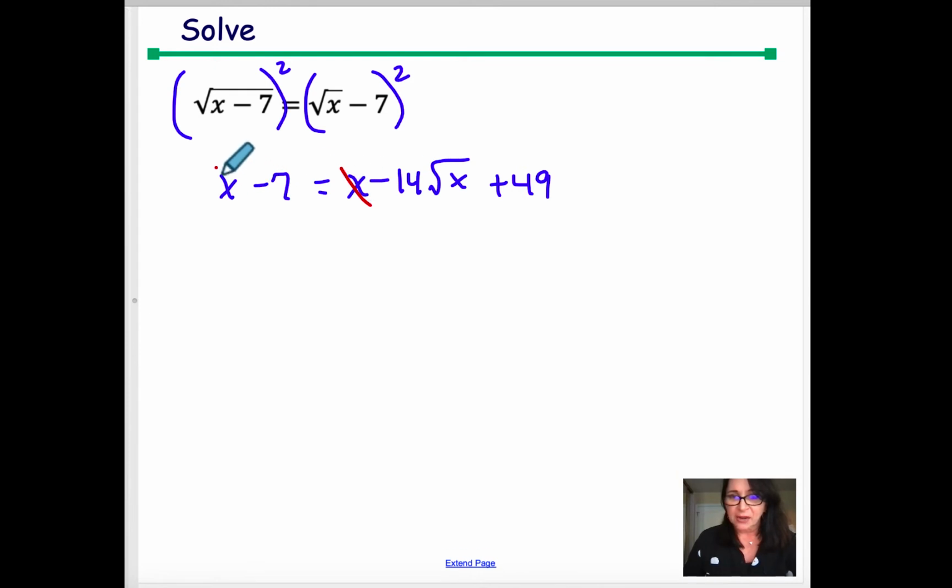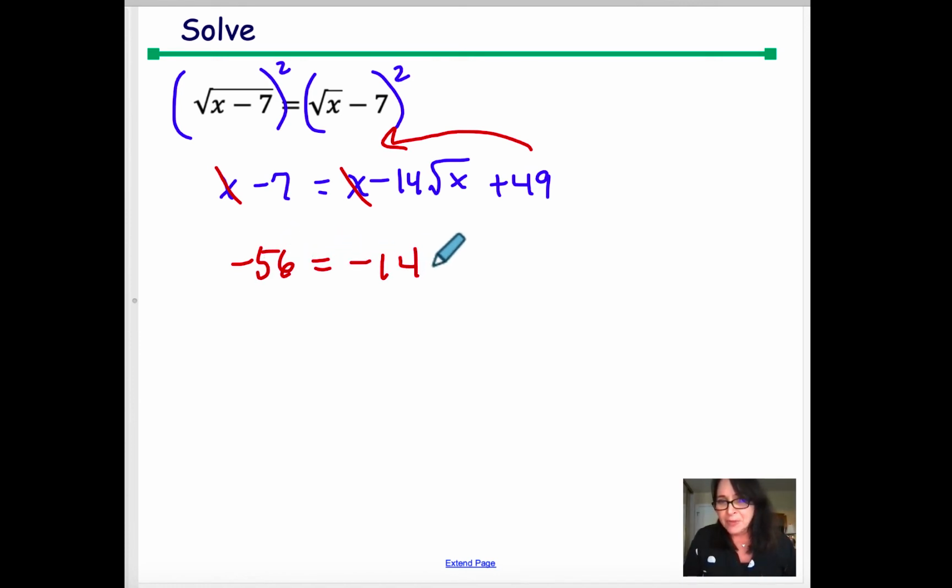I'm going to subtract x on both sides. That's actually going to cancel these two out. I'm going to subtract 49 from this side. And when I subtract 49 from that side, I do get negative 56. So subtract 49, move it to the other side, I get negative 56, and that equals negative 14 root x.